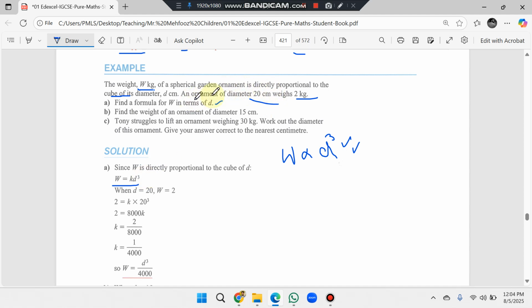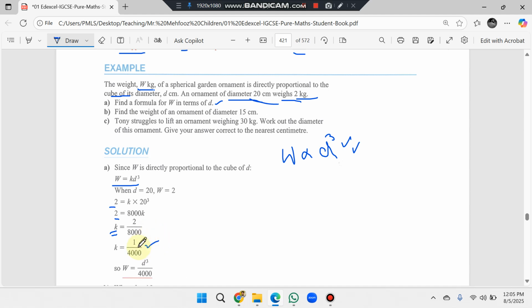After that, you can see two things are given: diameter is 20 centimeters and weight is 2 kilograms. So we just put in the values: 2 equals k times 20 cubed. So 2 equals 8000k, and k is 2 over 8000, and when we simplify it, your answer will be 1 over 4000. This is the value of k.